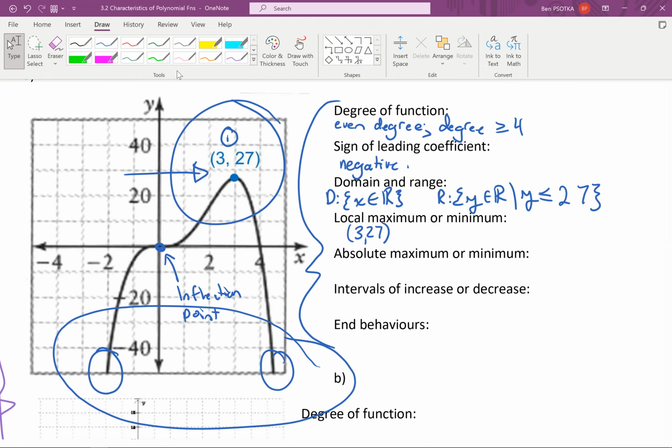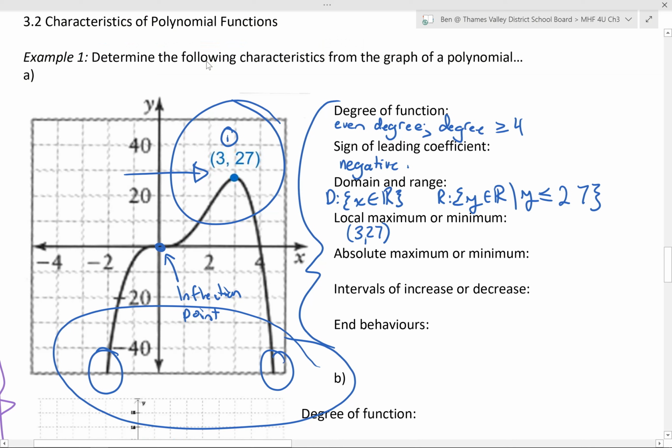Now, only one of those could be an absolute maximum or a minimum. In this case, it is because our function never gets higher. The y value of our function never gets higher than 27. So our absolute maximum is in the exact same spot, that's (3, 27).